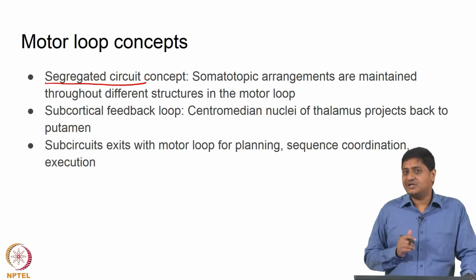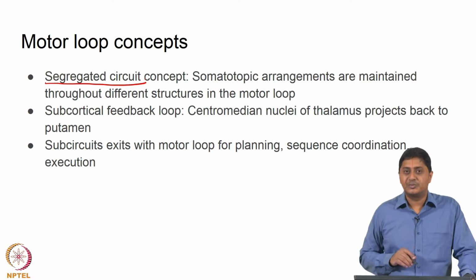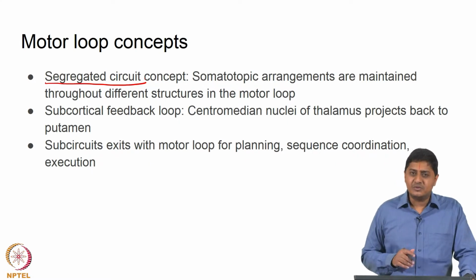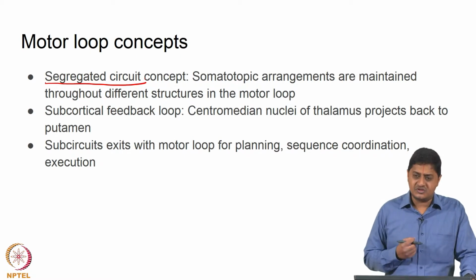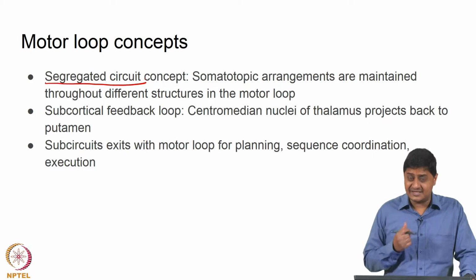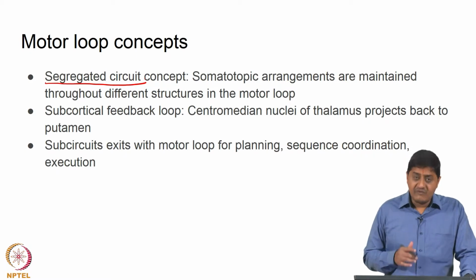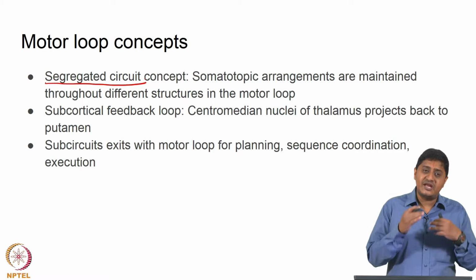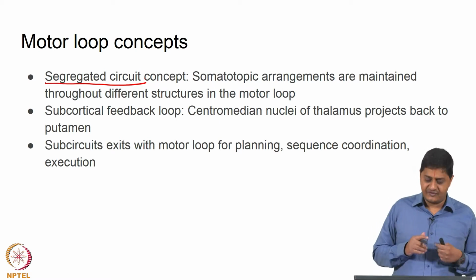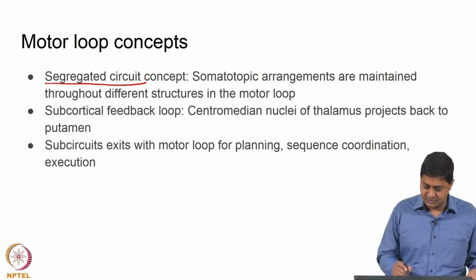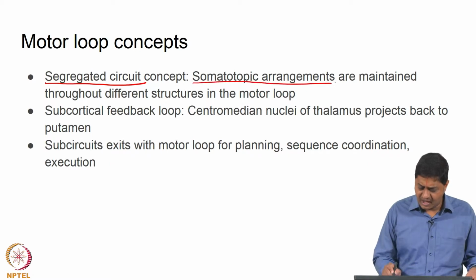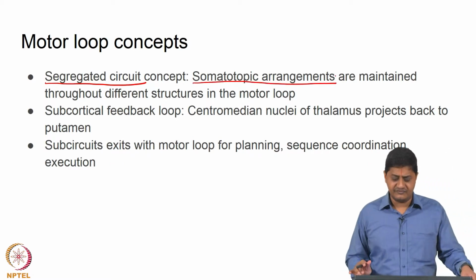Unlike the somatotopy in the primary motor cortex or in the cerebellum, this somatotopy is not so profound or so well studied. However, there is this segregation of different areas. So, somatotopic arrangements are maintained throughout different structures within the motor loop.